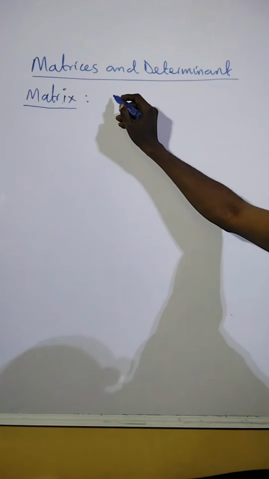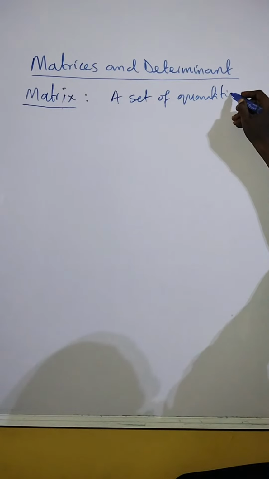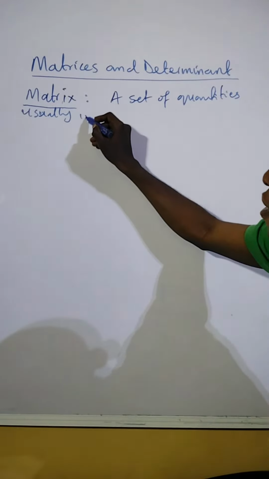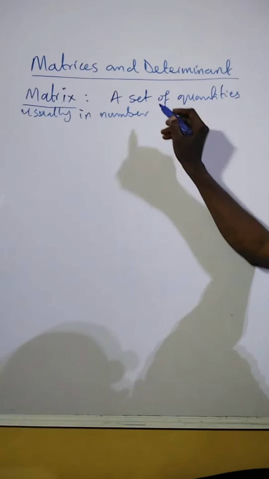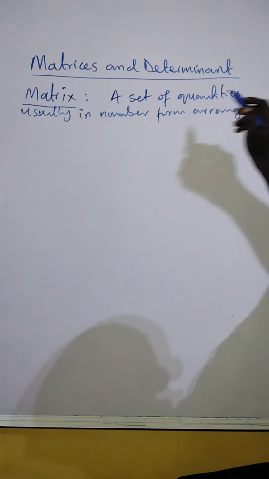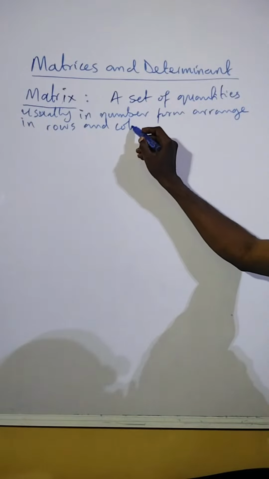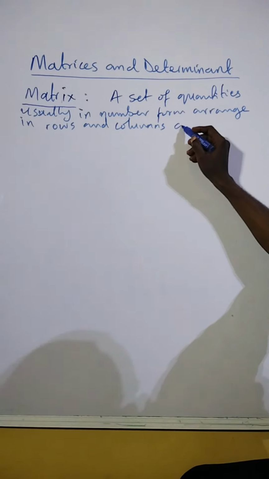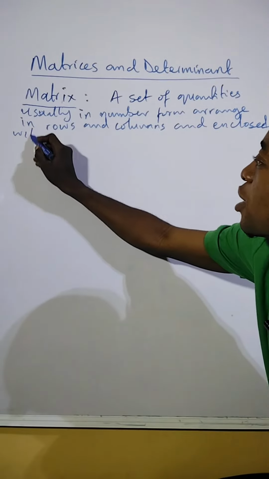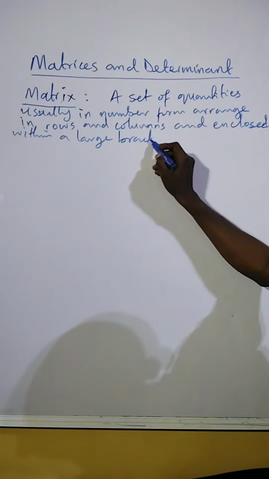So if we have to define matrix, we can say a set of quantities, usually in number form, that is arranged in rows and columns, and enclosed within a large bracket.